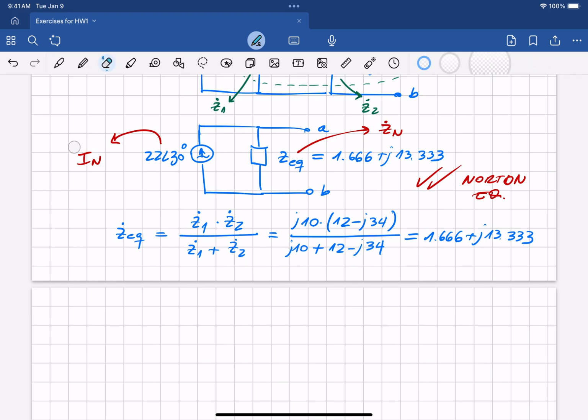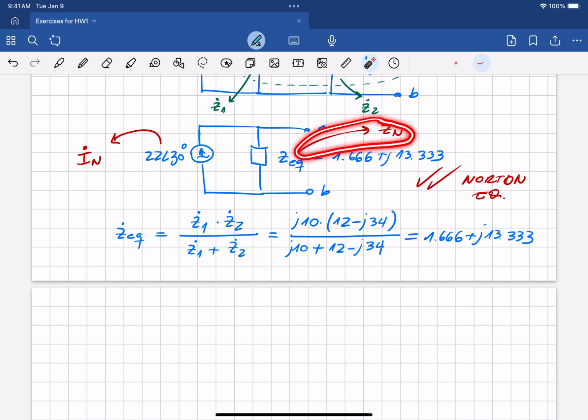Again, the nomenclature here is that we use a dot on top of the variable when we're referring to the complex number. If we were using only In, we would be referring only to the module, to the magnitude of this phasor. Same with impedances.